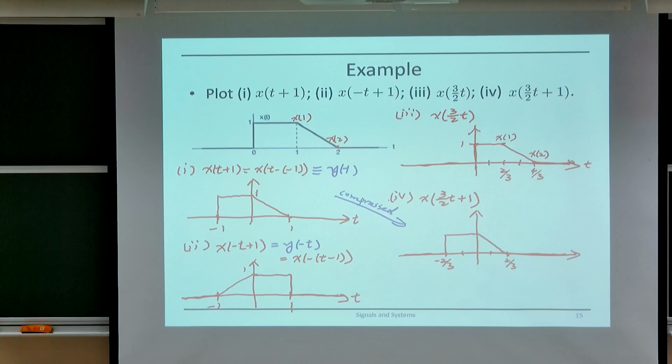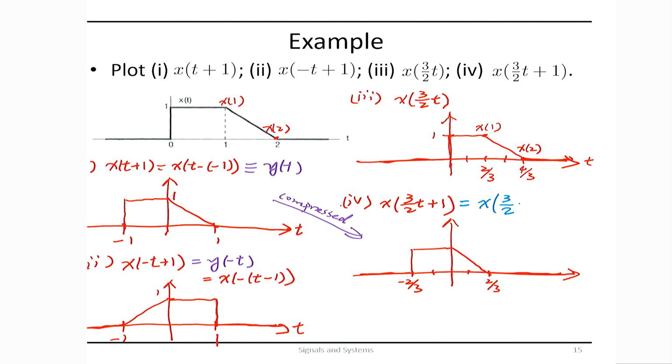Now, to get the correct time shift, you should instead write this signal as x of 3 over 2 t plus 2 over 3.